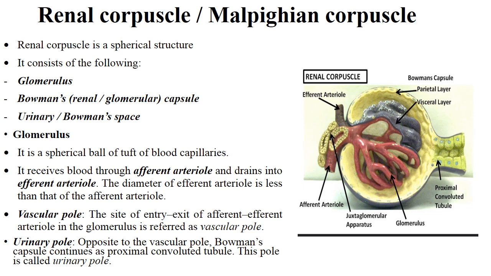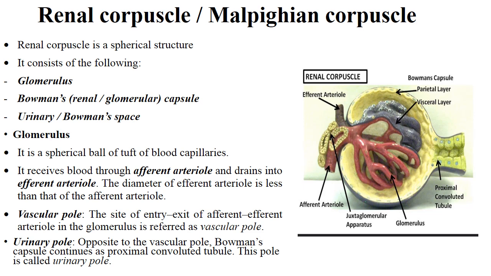Diameter of efferent arteriole is less than afferent arteriole, and the vascular pole is the site of entry-exit of afferent and efferent arterioles in the glomerulus. It is referred as vascular pole, and urinary pole is opposite to the vascular pole. Bowman's capsule continues as proximal convoluted tubule, and this pole is known as urinary pole.